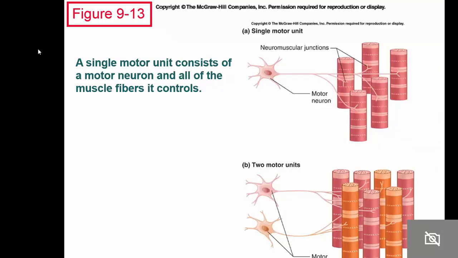So, okay, something new. We've sort of talked about motor units. So here you have a motor neuron that's attached to 5 muscle cells. Here you have 2 motor units. One is made up of 1, 2, 3, 4, and this orange one here is made up of 1, 2, 3.